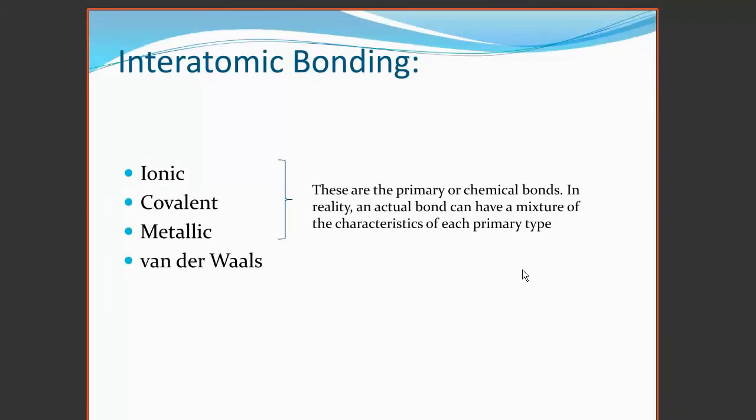We've introduced the concept that sharing electrons can reduce the energy of a system of atoms and hence result in attraction of those atoms, or in other words, bonding. There are 3 types of primary or chemical bonds: the ionic, the covalent, and the metallic.